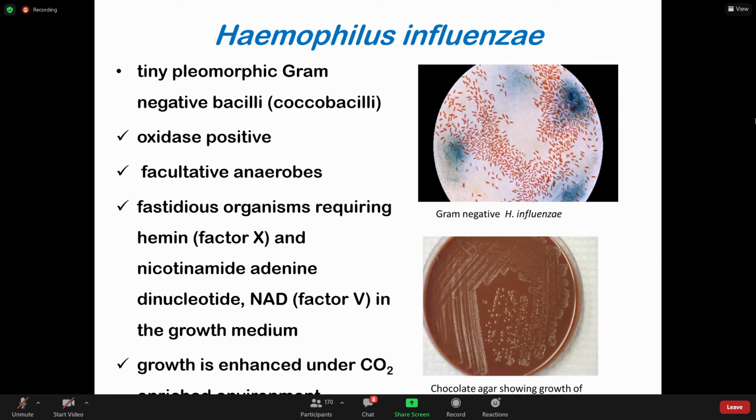Again, this is another fastidious organism that requires peculiar growth conditions and agents. With Haemophilus influenzae, factors X and V are required for isolation in the medium. Growth is also enhanced in a CO2 enriched environment.